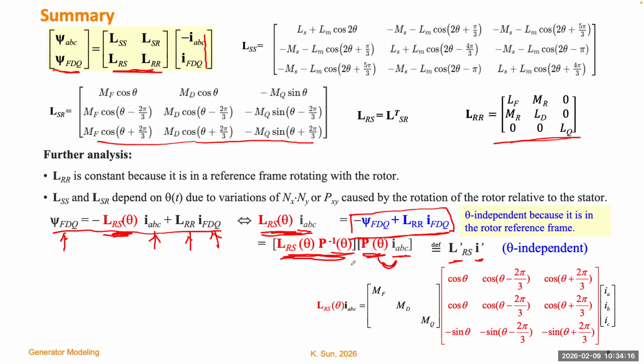So we just plug in this one. This is the LSR, which is this matrix multiplied by the current, which is actually equal to this one. One idea is to find this new transformed current.